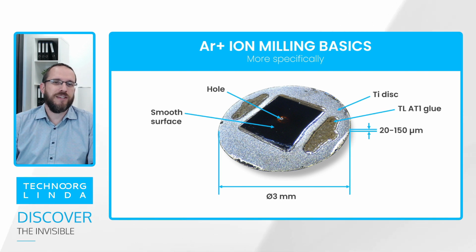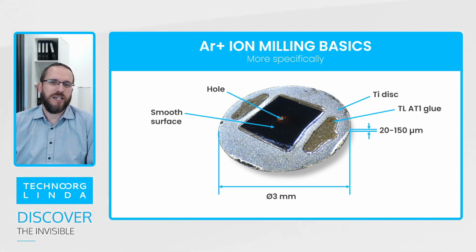More specifically, that's how a TEM sample looks when it's ready after ion milling. We have a titanium disc, and the sample is embedded in the middle of the disc. There is a small hole in the middle of the sample material, and the edge of the hole will be thin enough for electron transparency.